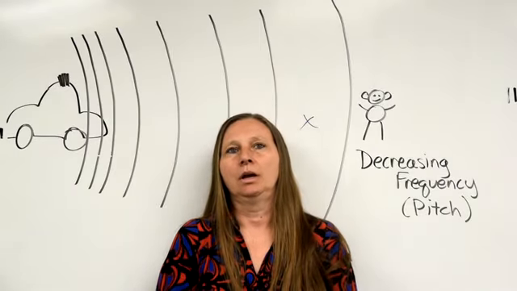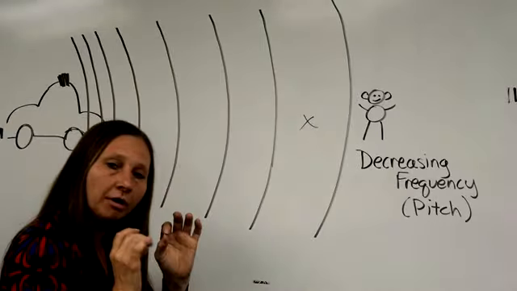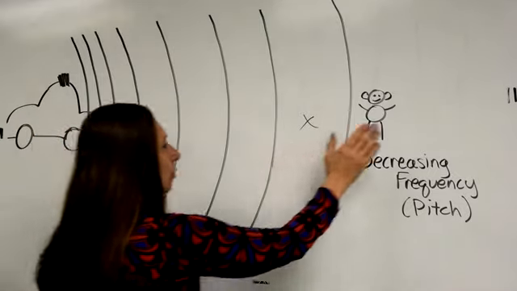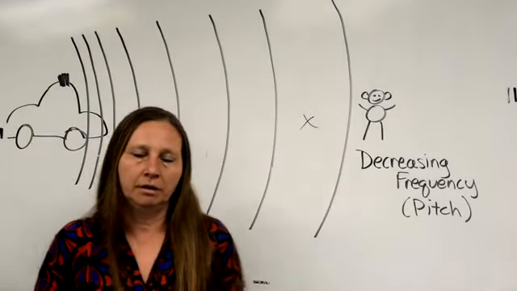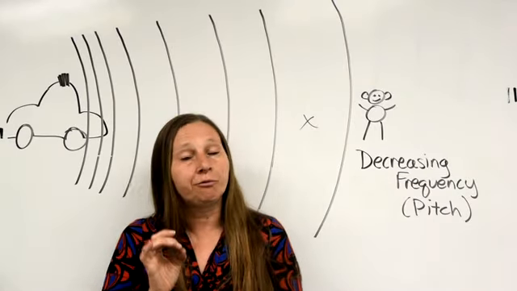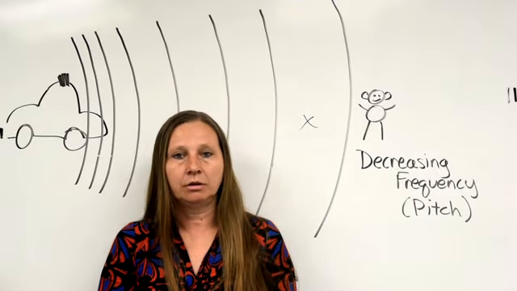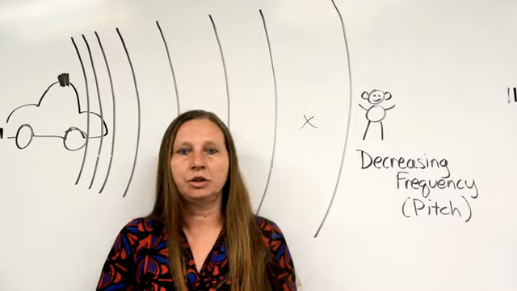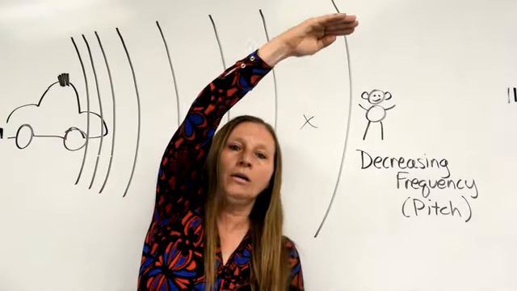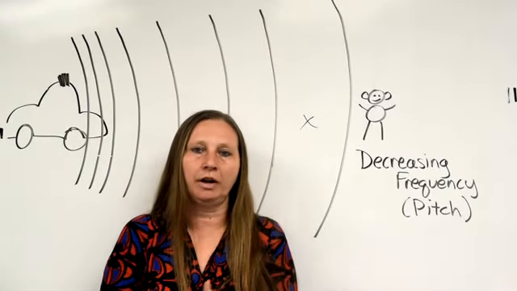But if there's an acceleration involved, if the source or the observer, doesn't matter, is speeding up or slowing down, the frequency is either going to increase or decrease. It's going to be ooh or whoop. Okay? That's really all that I want to get across.